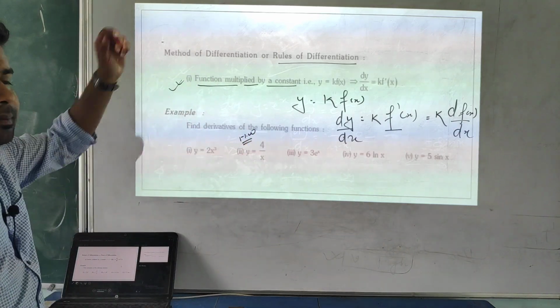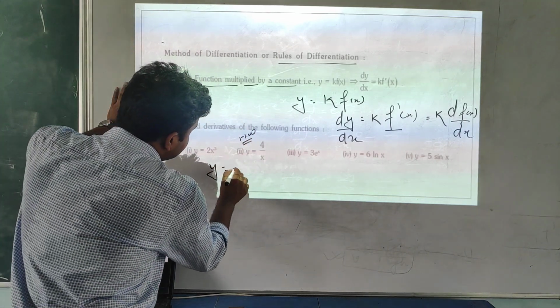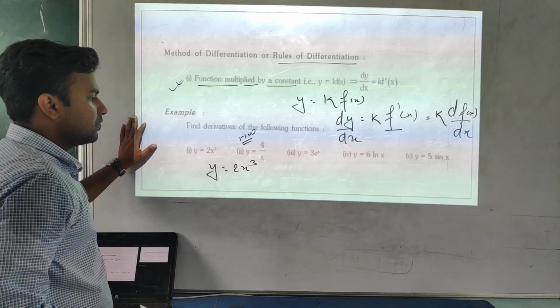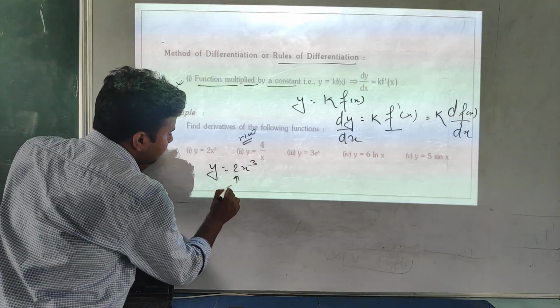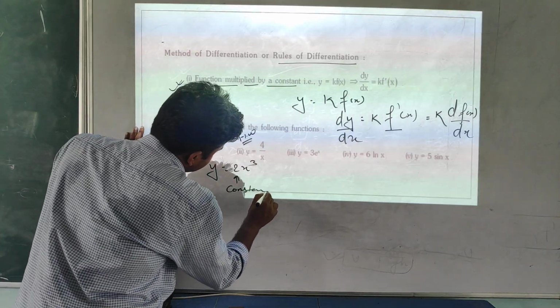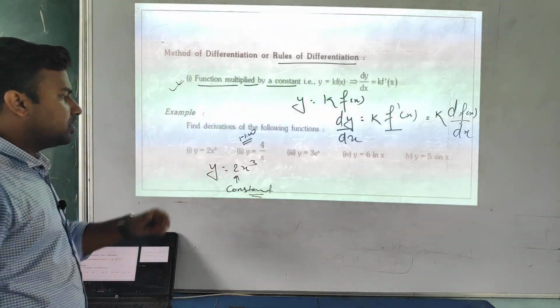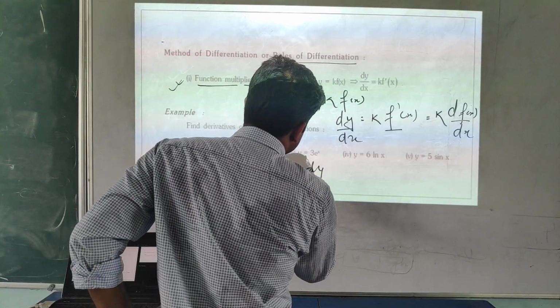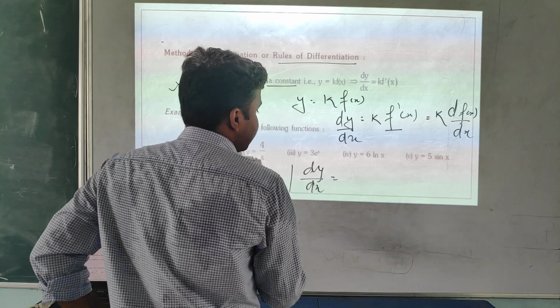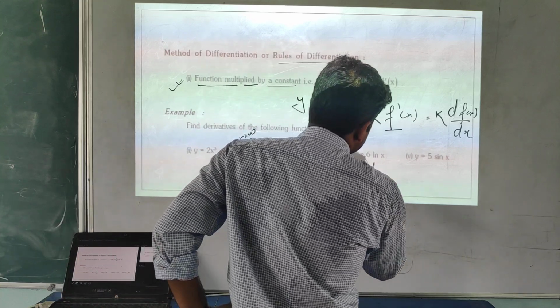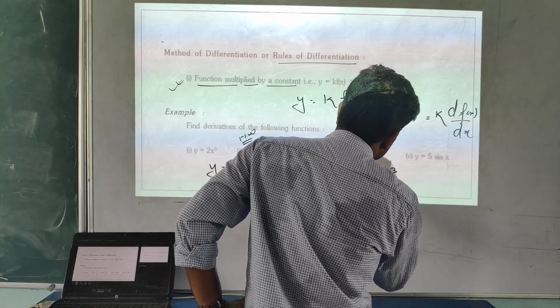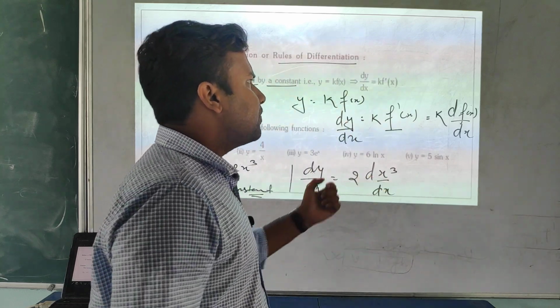Now I am taking this example. We have y equal to 2x cube. 2 is what, student? A constant. 2 is a constant here. So now what you can do, dy by dx, 2 you will take outside, d of x to the power 3 divided by dx. We all know the formula.